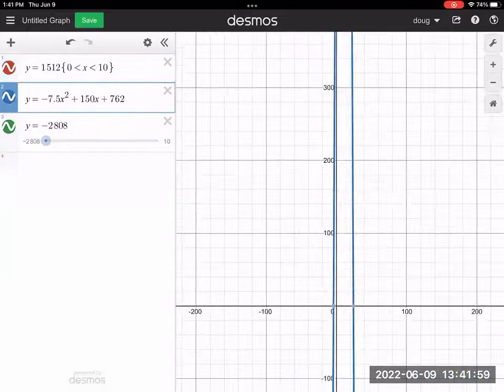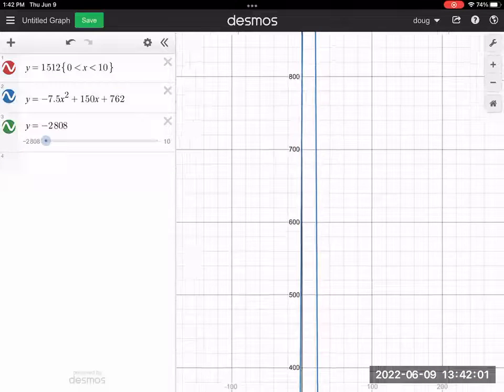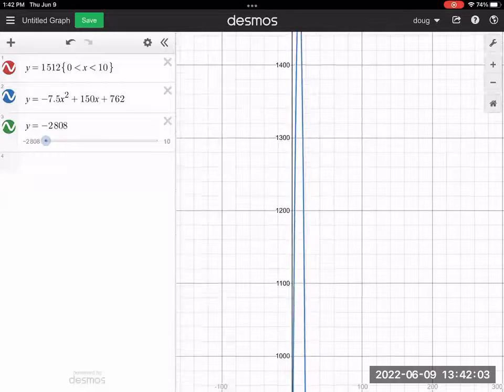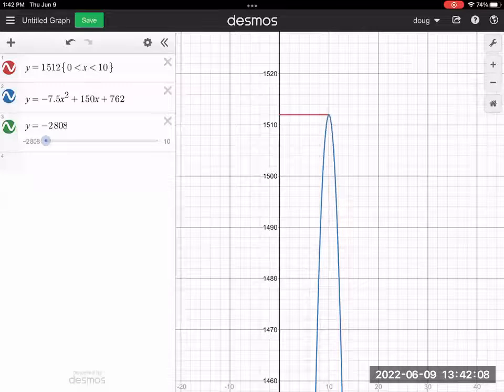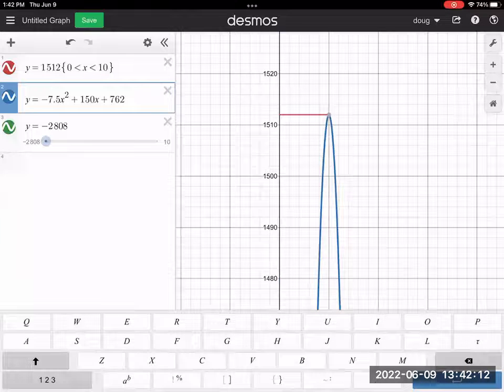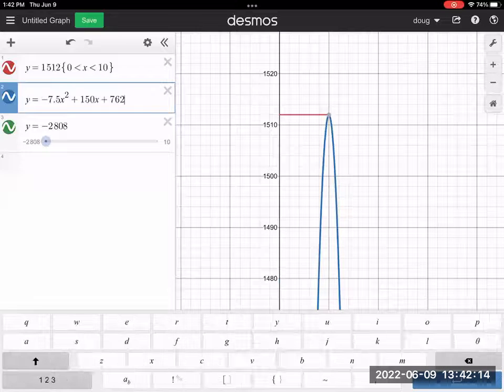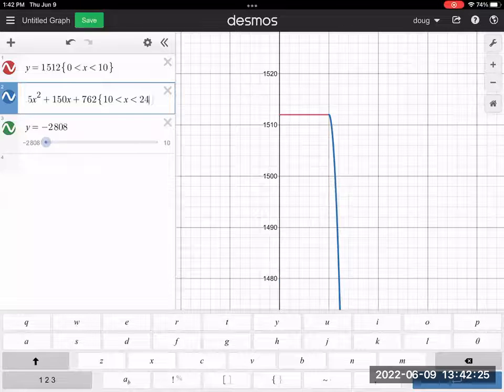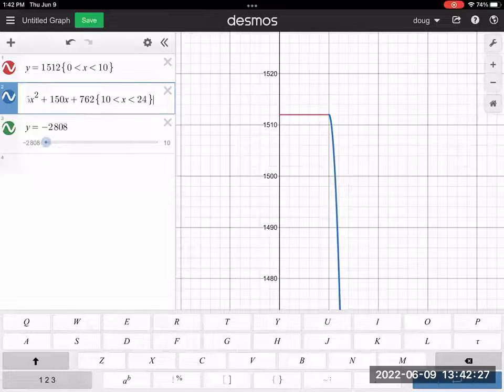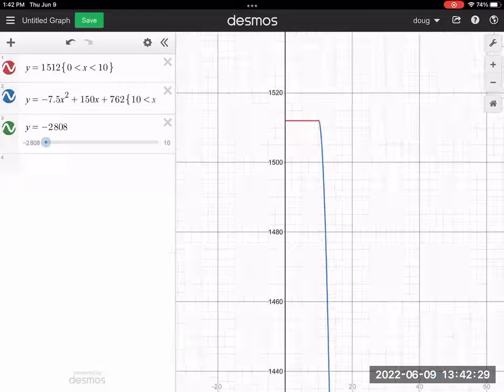So let's go see it. So notice it's at 1512, so it's like, oh, there it is. And then it switches to that blue equation, and so this exists from 10 to 24. 10 less than x less than 24, close that bracket off. Bam, then it takes off from there and goes down.